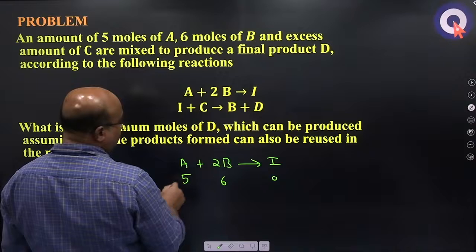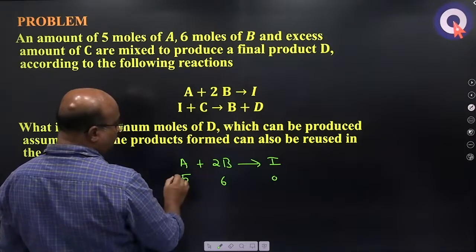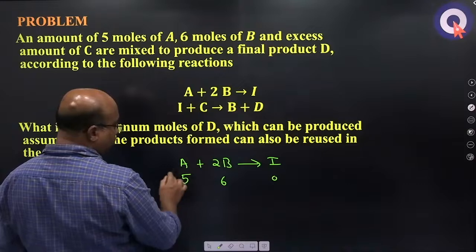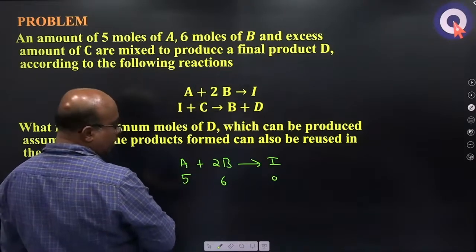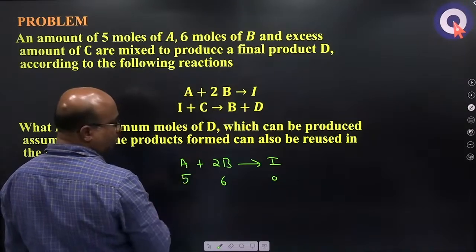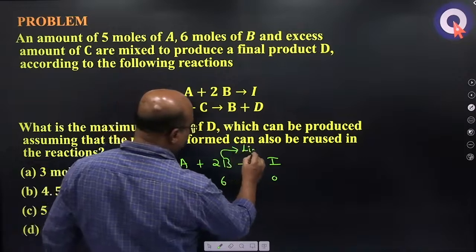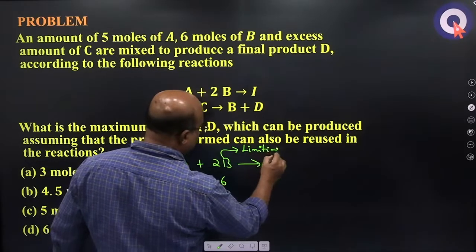We say B is only 6. We need 10 moles to completely consume these 5. So B is not in sufficient quantity. So we say B is the limiting reagent for this.